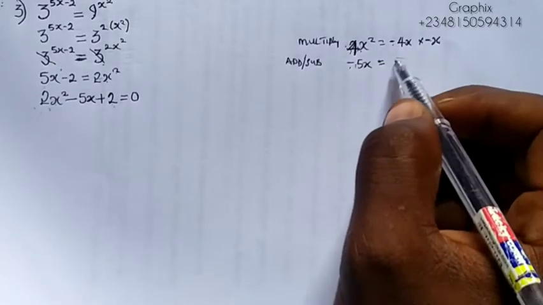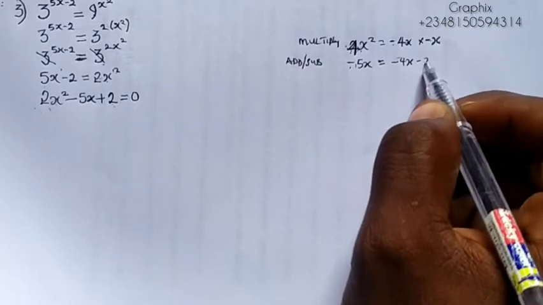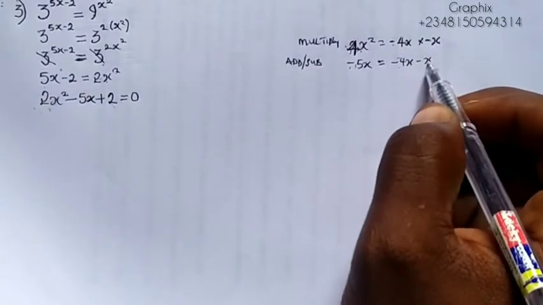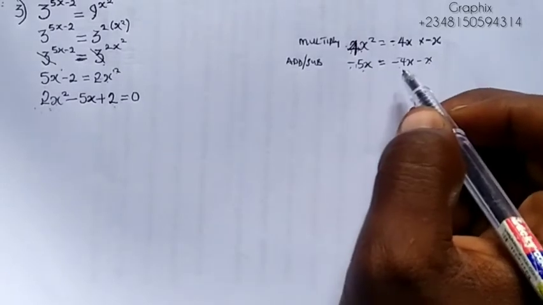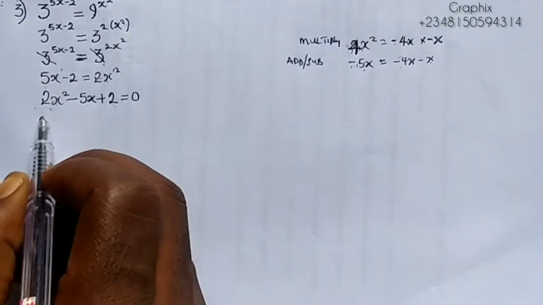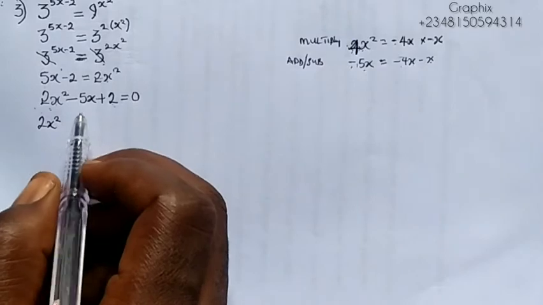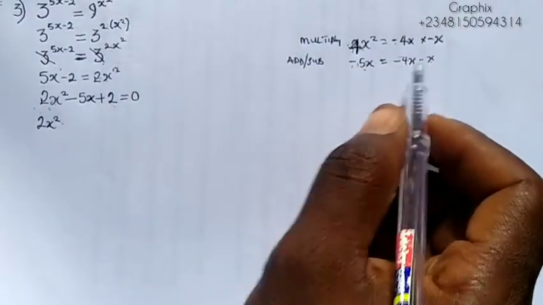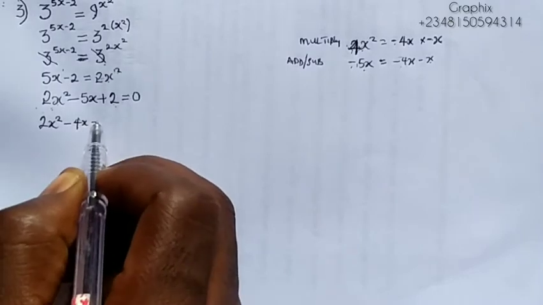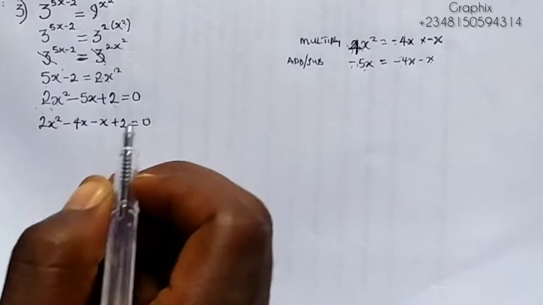Now if I'm writing it down, I'll only remove the times. I'll have 4x minus x. Minus 4x minus x will give you minus 5x. So if I want to rewrite this equation, I'll have 2x squared minus 4x minus x plus 2 equals 0.